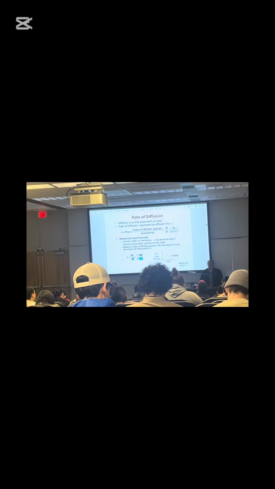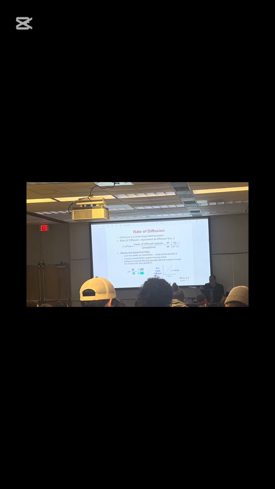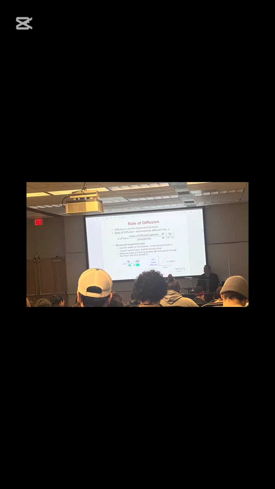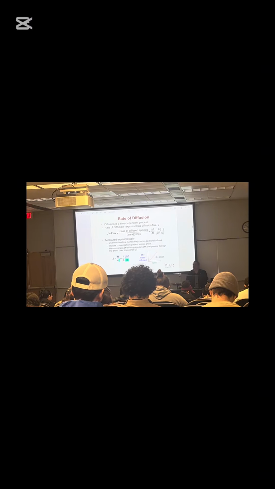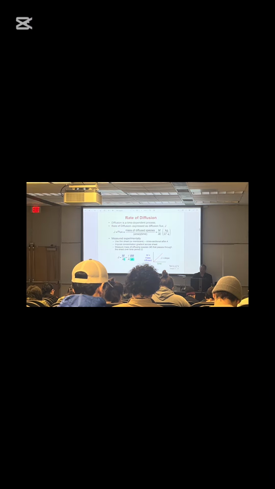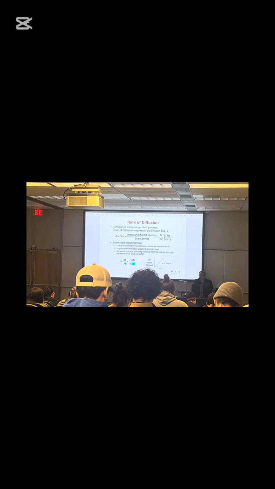What's the driving force for diffusion? Higher concentration to lower concentration. Does that make any sense? So this is called concentration gradient. Concentration gradient is a driving force for diffusion. So it is measured in kilograms per square meter per second.